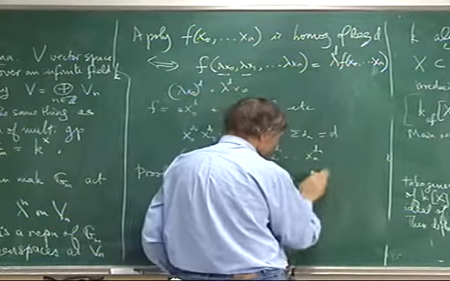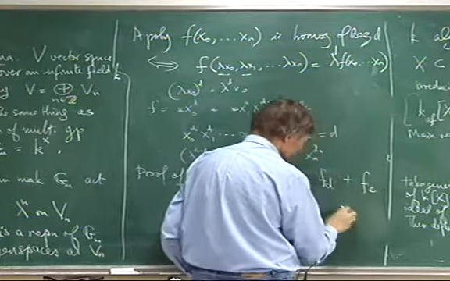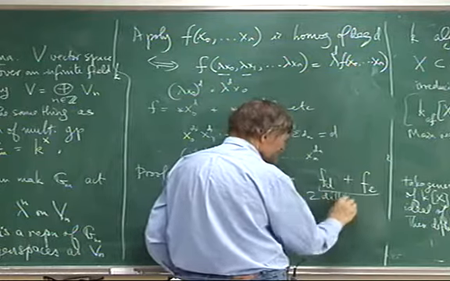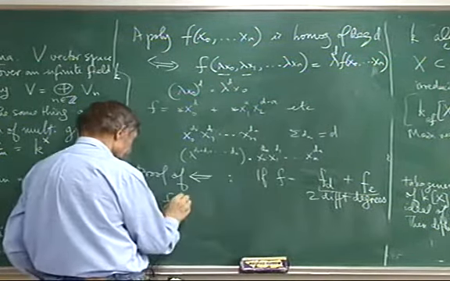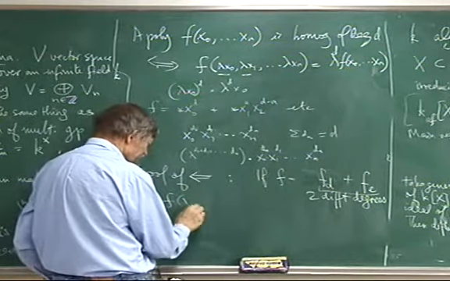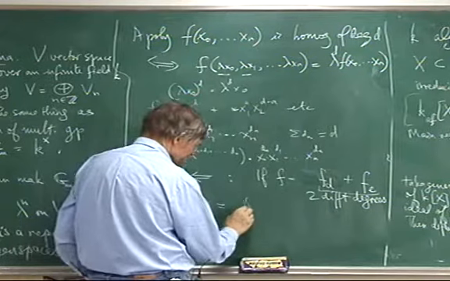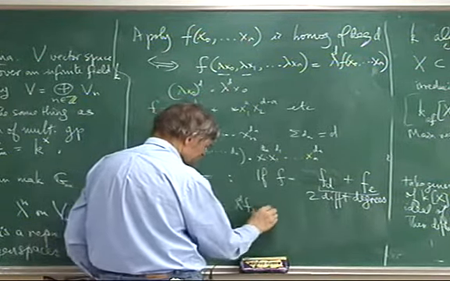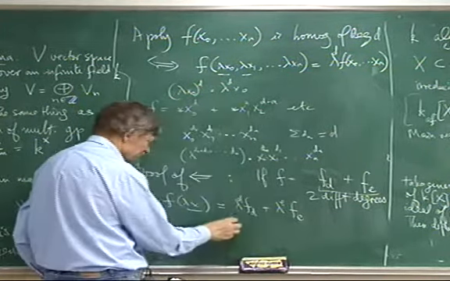Let me just say f is f_d plus f_e, with two different terms of two different degrees. Then I do f of lambda x, which equals lambda to the d f_d plus lambda to the e f_e.